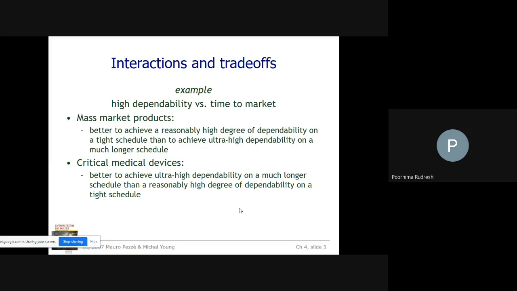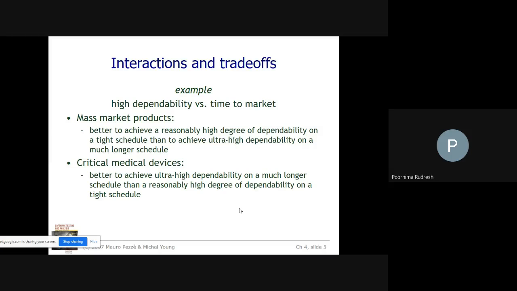Right, that is called time to market. But in the case of high dependability, we want the high dependability, but that may take more time for the software development. So in high dependability, we are not concentrating on how much time it takes for the software or product development.